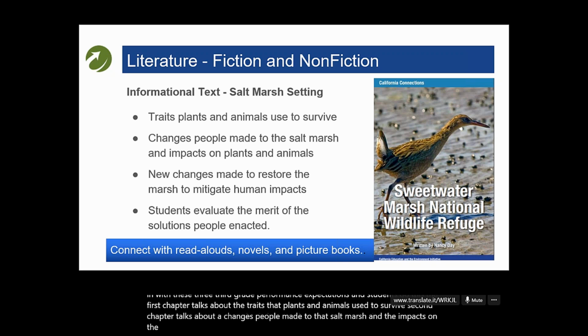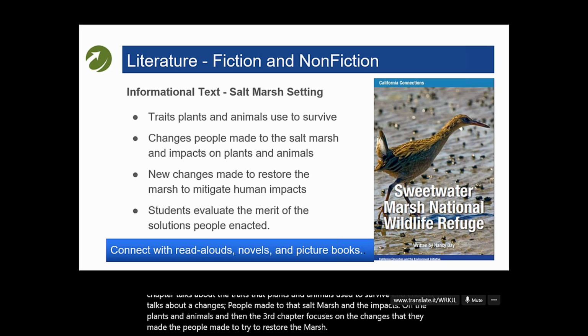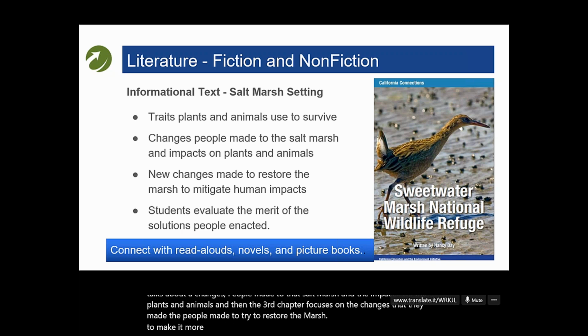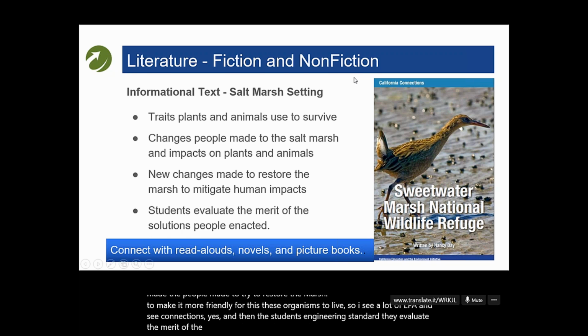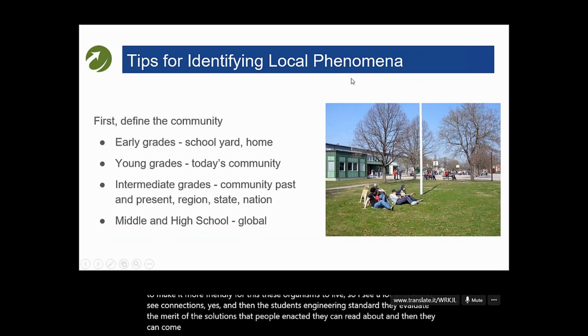And then the third chapter focuses on the changes that the people made to try to restore the marsh to make it more friendly for these organisms to live. So I see a lot of EP&C connections. Yes, and then the students, through the engineering standard, evaluate the merit of the solutions that the people enacted that they can read about, and then they can come up with their own solutions. Also, the idea is you can use read-alouds, novels, all sorts of informational or fictional text to connect to environmental awareness.